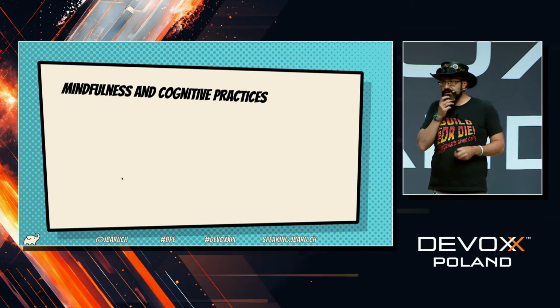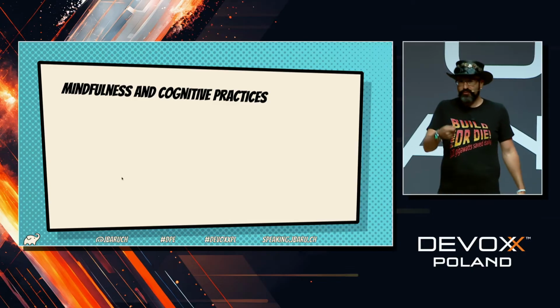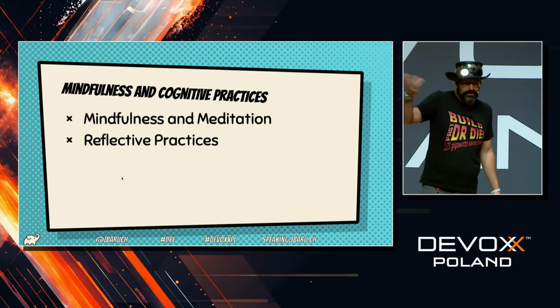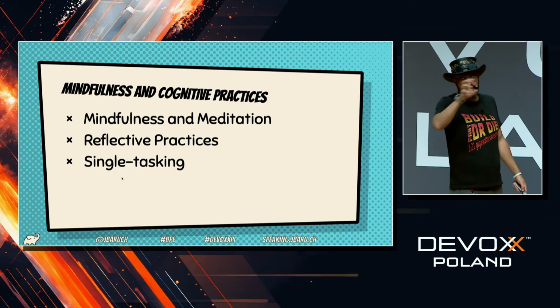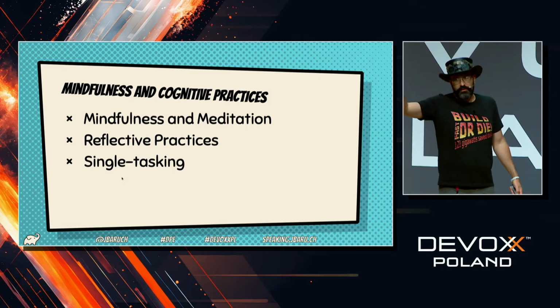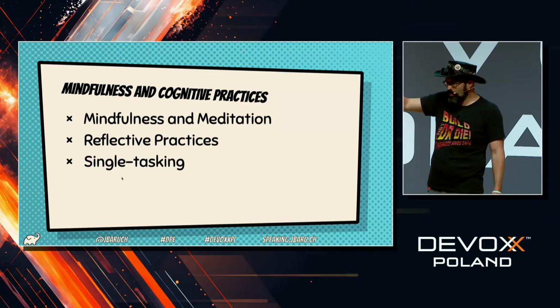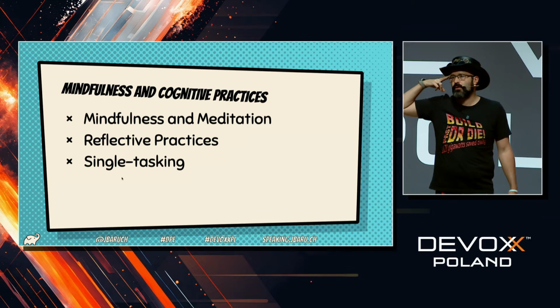Mindfulness and cognitive practices that will help you develop this muscle of System 2 and concentration. Stuff like meditation, reflective practices, single tasking, which is a little bit like blocking time, but now it's about blocking time in our mind, not in our calendar.